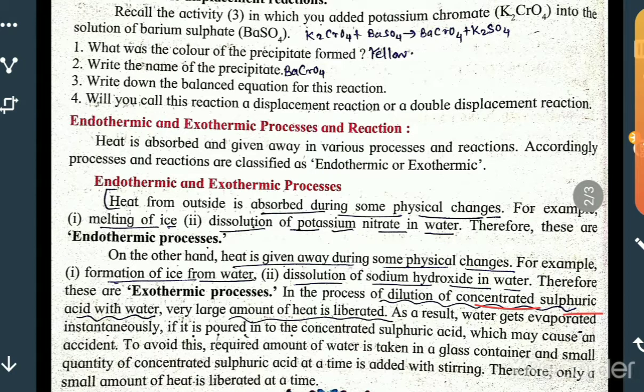It may cause a dangerous accident. To avoid this, we take the required amount of water in a glass container, and a small quantity of concentrated sulfuric acid at a time is added with stirring. Therefore, only a small amount of heat is liberated at a time.